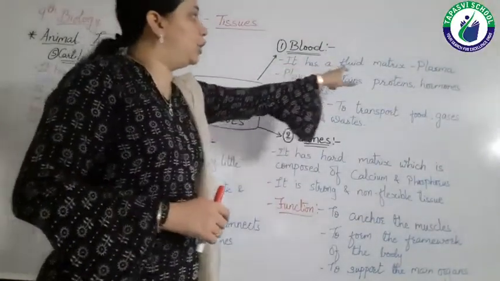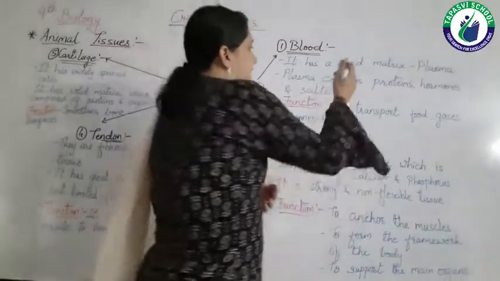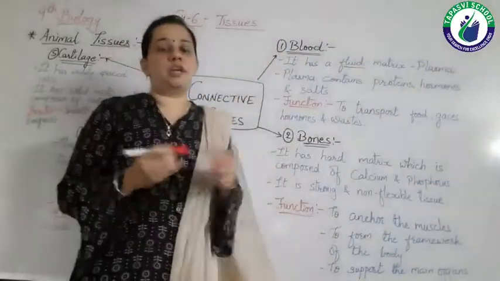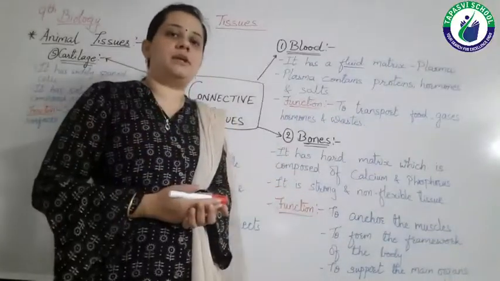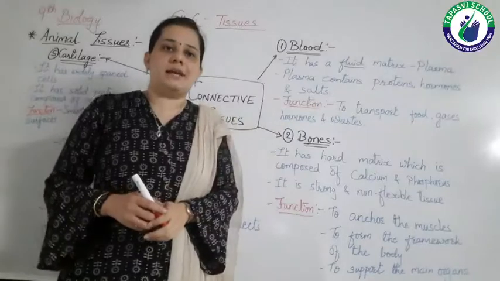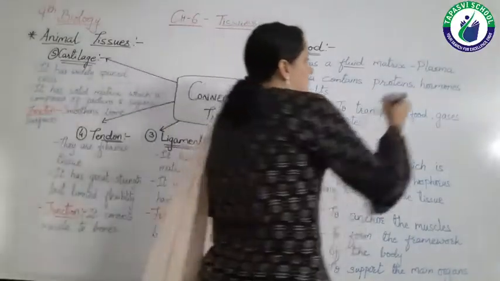It has a fluid matrix. As I told you, some connective tissues have solid matrix, some have fluid matrix. So here there is a fluid, means liquid matrix, which is known as plasma.